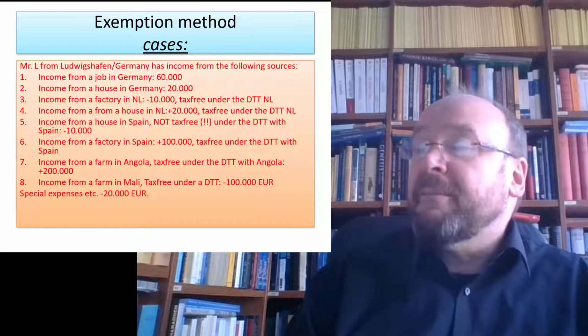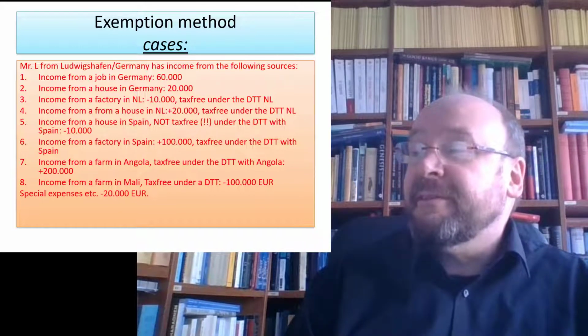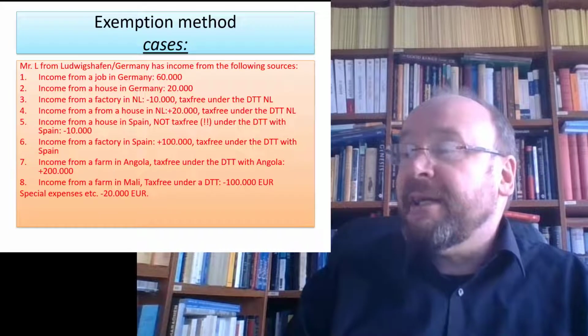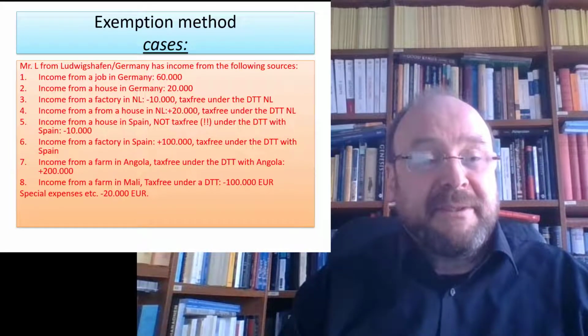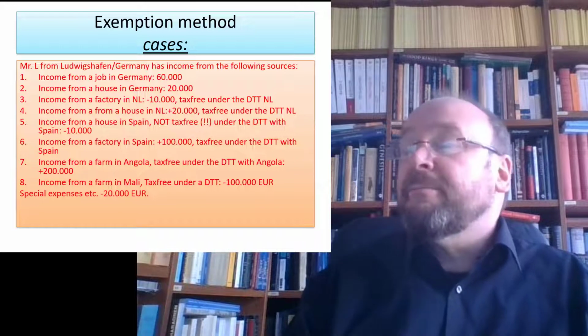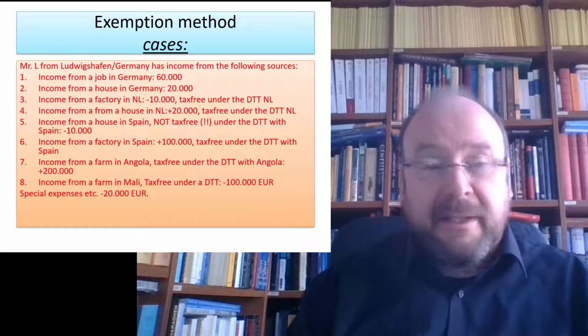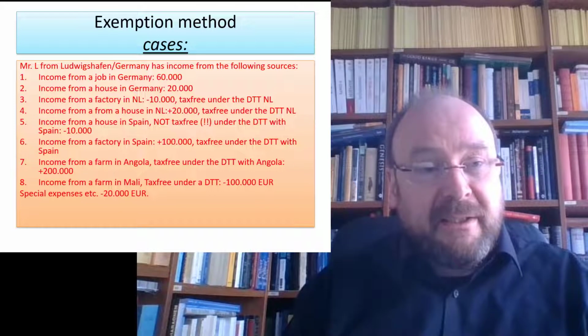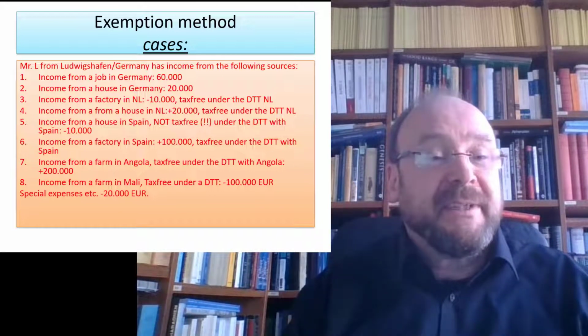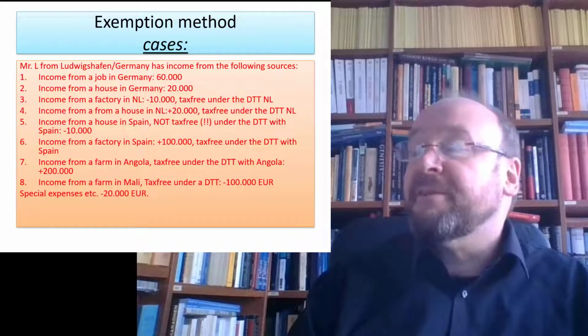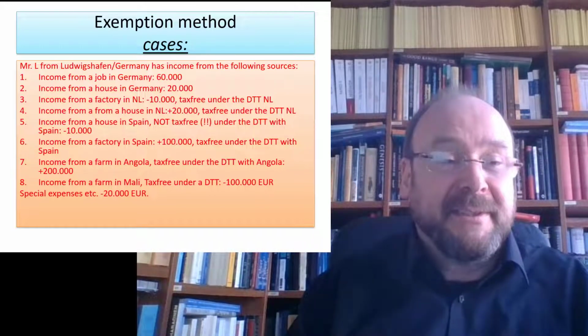Then you have a farm in Mali, tax-free under the DTT, and it has minus 100,000. Well, if it's tax-free, the taxable amount is 0, and the Proviso will apply, but then we have to check how high the profit is from the German perspective. Paragraph 2a will say a loss from a farm in a third state does not exist.